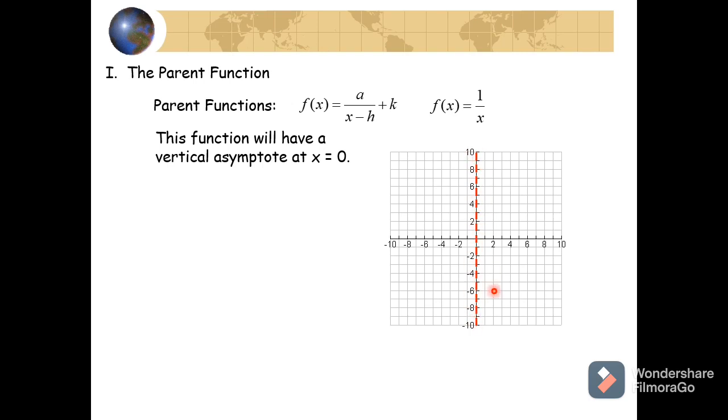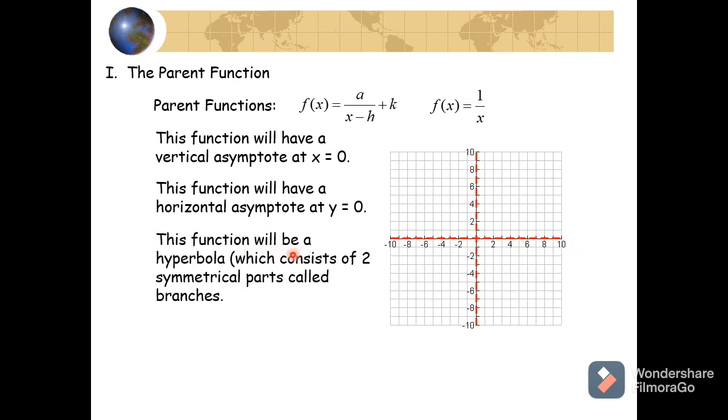Again, this is your vertical asymptote. Then, this function will have a horizontal asymptote at y is equal to 0, because there is also no k value here. Since there is no k value, then your horizontal asymptote will be at 0. So, this will be its horizontal asymptote.